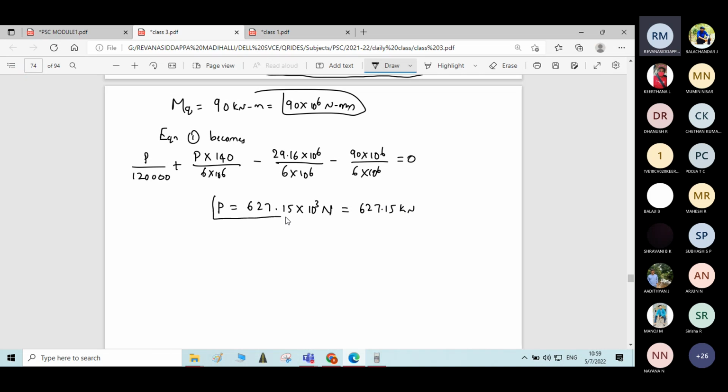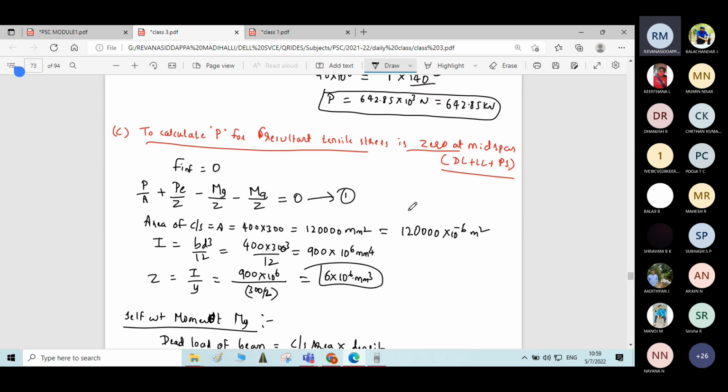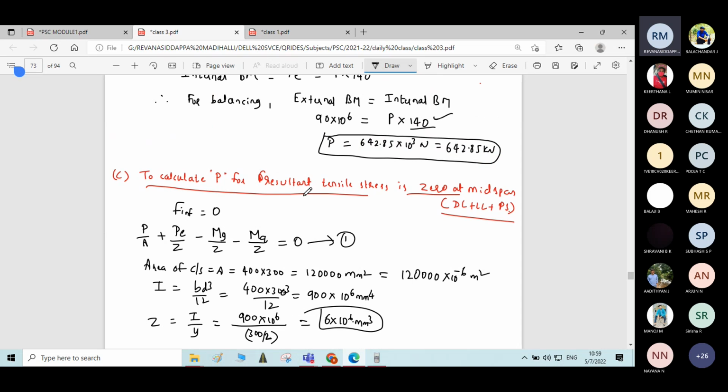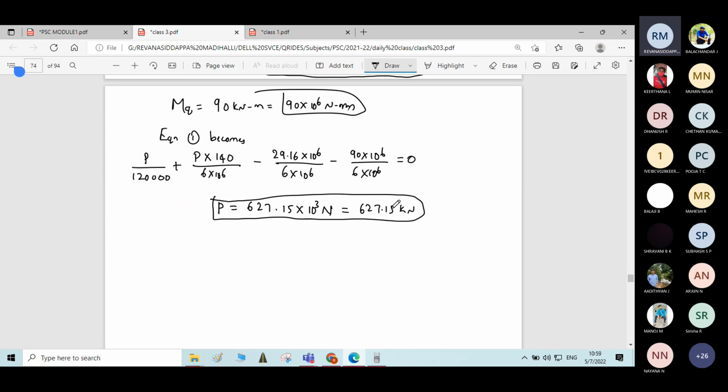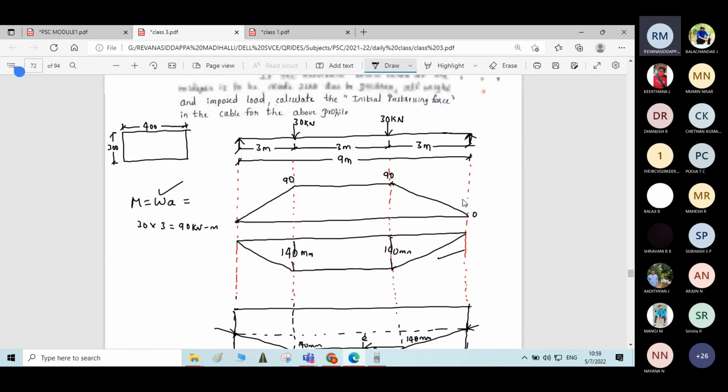This means that if you apply a pre-stressing force of magnitude 627.15 kilonewton, then the resultant stress at the bottom fiber at the center of the span is equal to 0. That is the meaning. So this completes the problem.